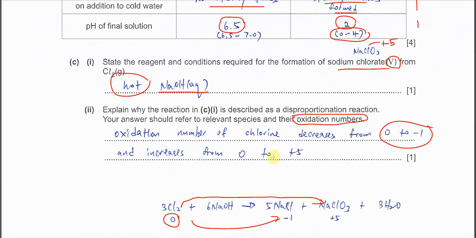So another pair. Again, oxidation number of chlorine decreases from 0 to -1, so it's a reduction. From 0 to +5 is oxidation. So oxidation and reduction happen simultaneously. And for the same element, in this case chlorine, this we call disproportionation.